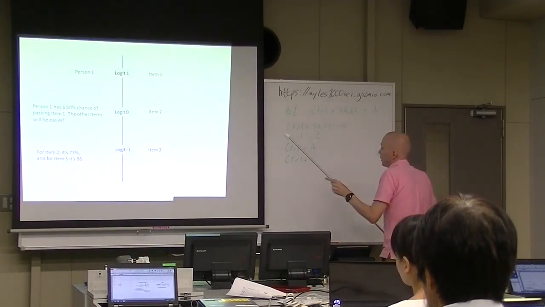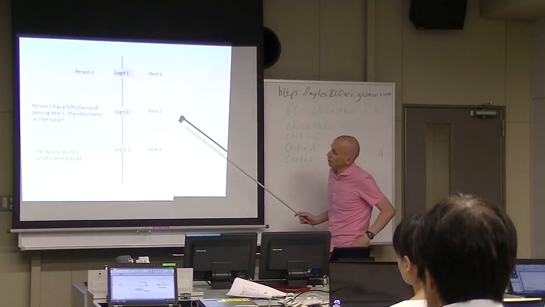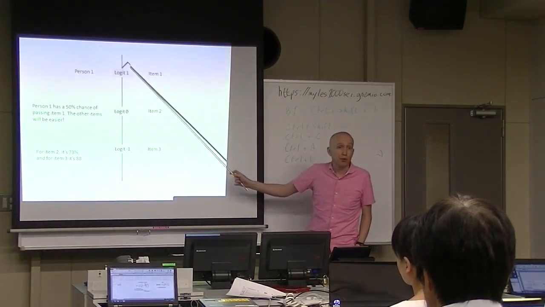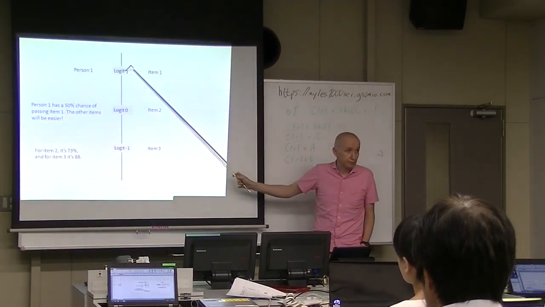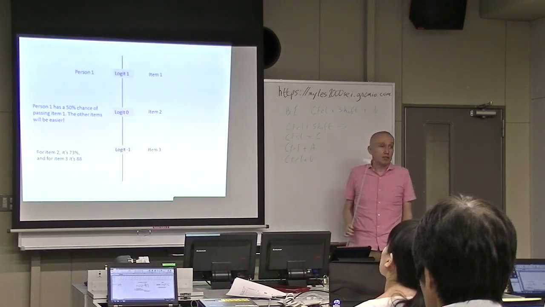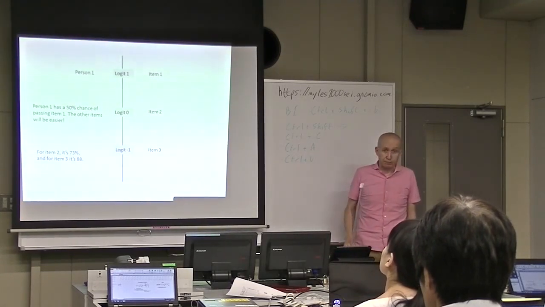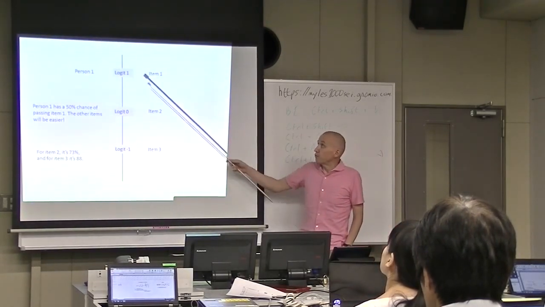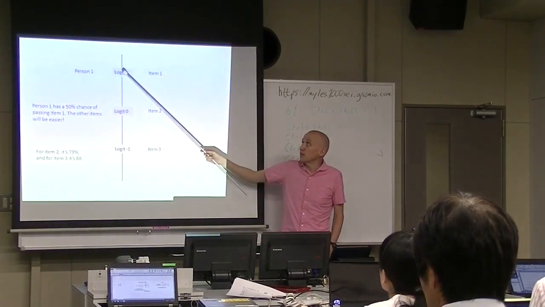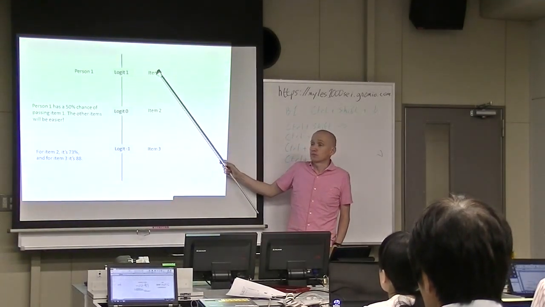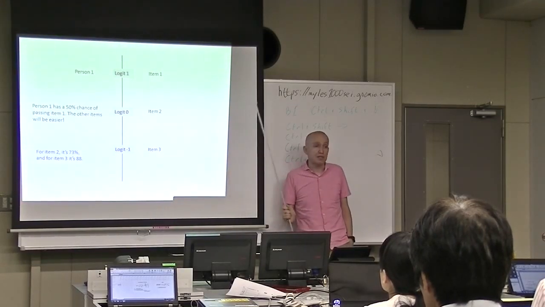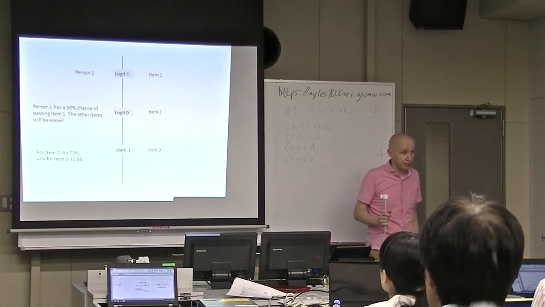So in the Rasch model and the IRT way of thinking, person 1 and item 1 are at the same point on the scale. Okay? And there's a probability measure of getting this right. So if person 1 has a logit 1 skill and meets an item 1 which has the same level, they have a 50% chance of getting that right.